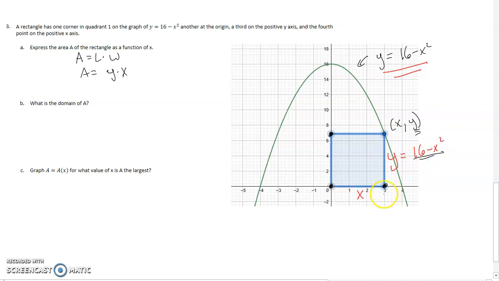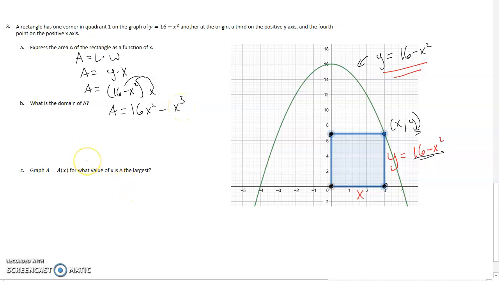We know y is equal to 16 minus x squared. So we're going to substitute that in there. So our area is going to be equal to 16 minus x squared times x. And we can bring that x in here. So we're going to get area is equal to 16x squared minus x squared times x is x to the third.